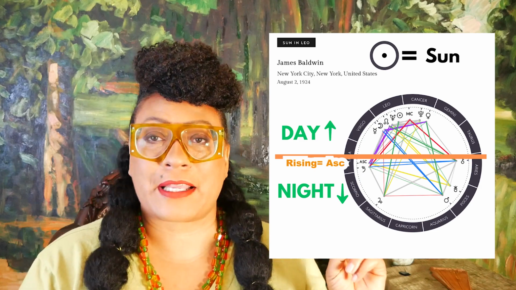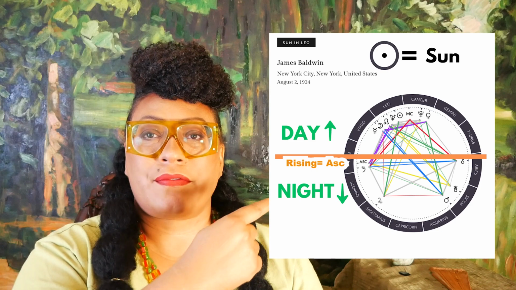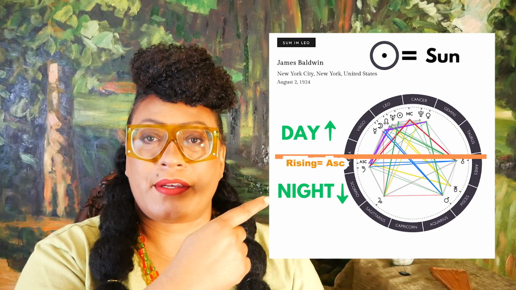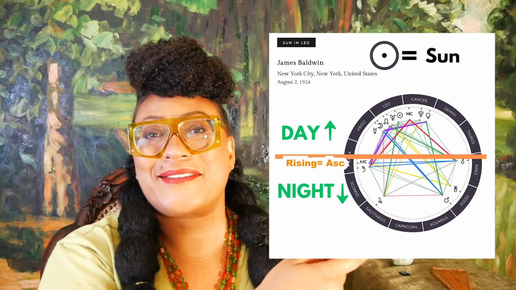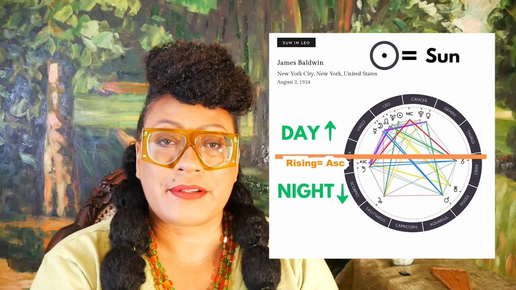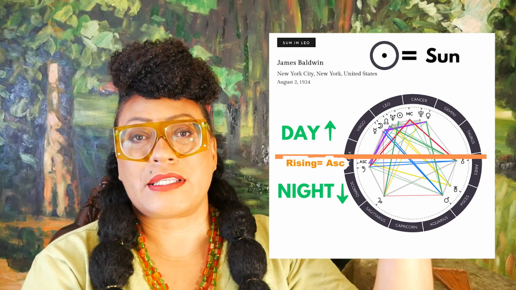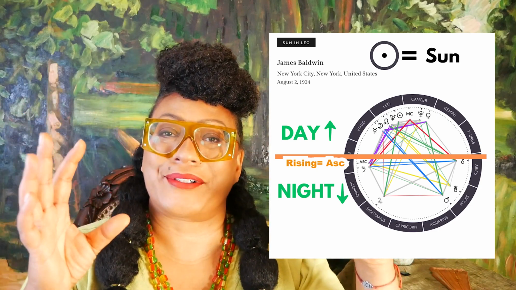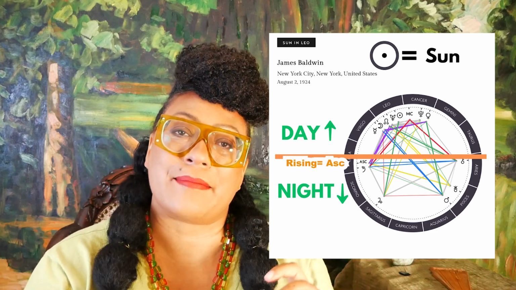If we look at this example here, we can see that the rising sign is on the left half of the chart, and directly across from that would be the setting of the sun, the descendant sign. So then that tells me that everything that's on the top half of the chart is the daytime hours, and then everything on the bottom half of the chart is the nighttime hours.